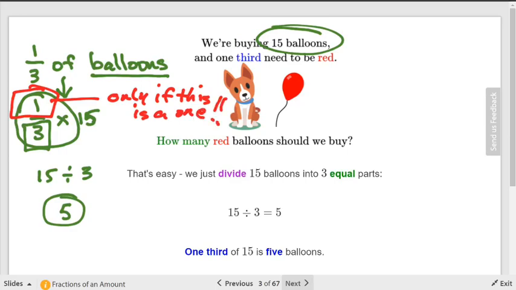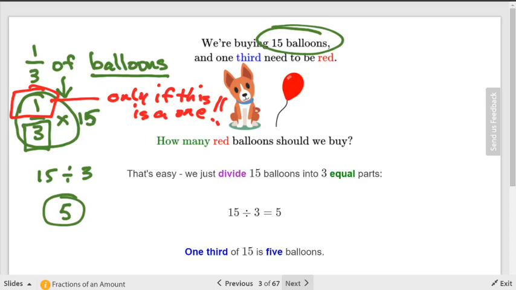If it's anything else, then there's one more step to take. But it's easy, super easy. So, 1/3 of any number just means multiply by 1/3, and multiplying by 1/3 is the same as divide by what? 3.